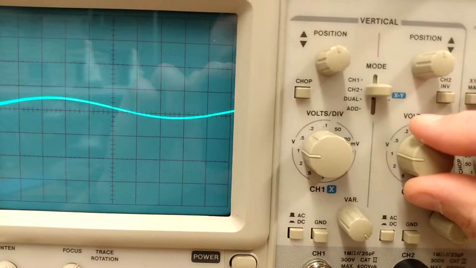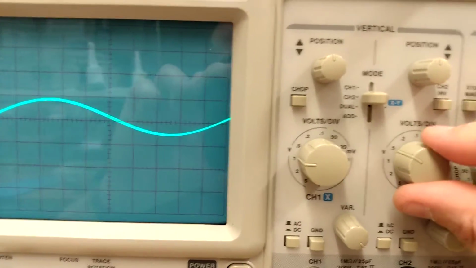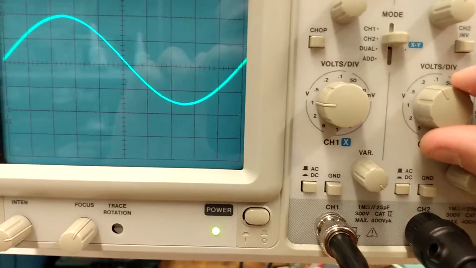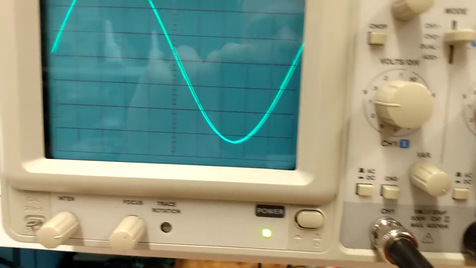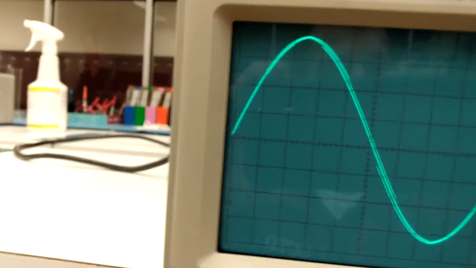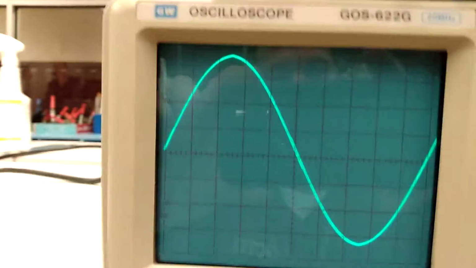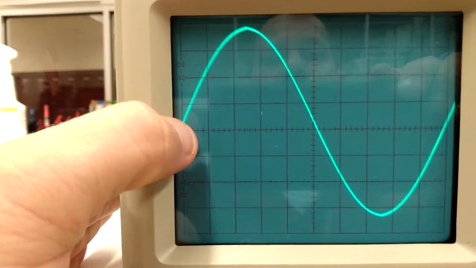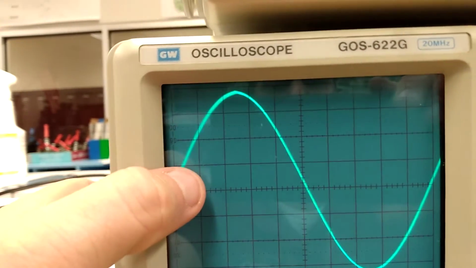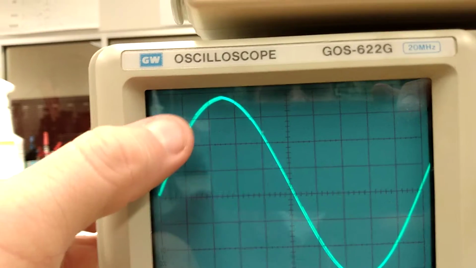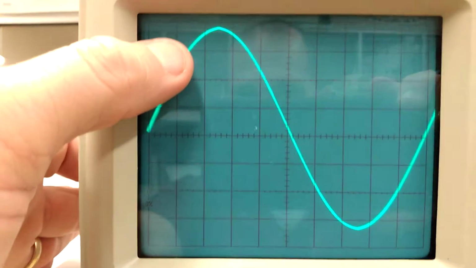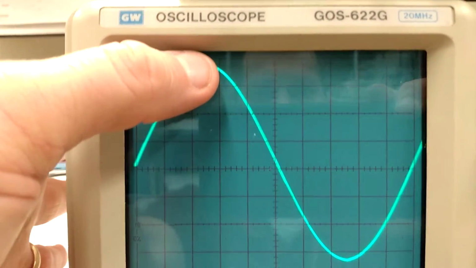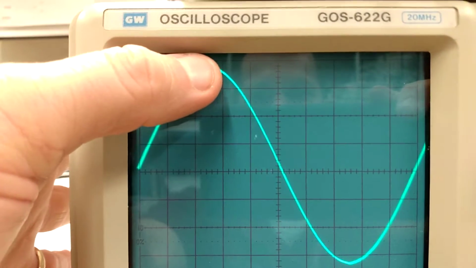So we're going to change our volts per division multiplier, and see if we can get a much more exact reading. So I'm on 0.1 volts per division. If we count from the horizontal here, we're 1 division, 2 divisions, 3 divisions, almost 4 divisions, almost 0.4.